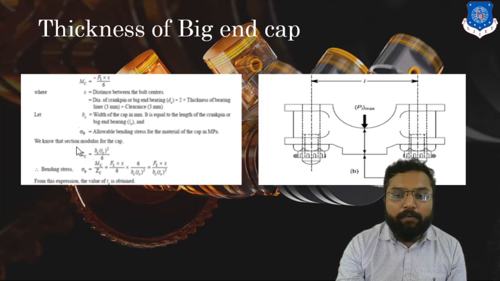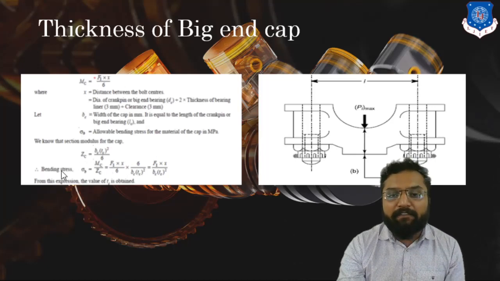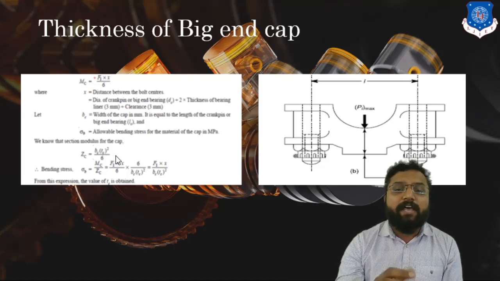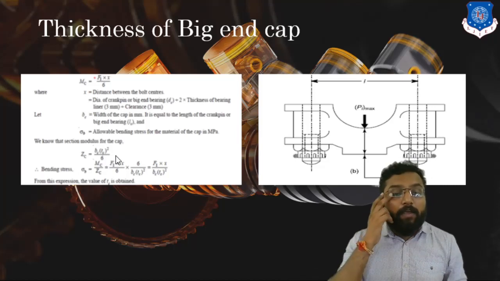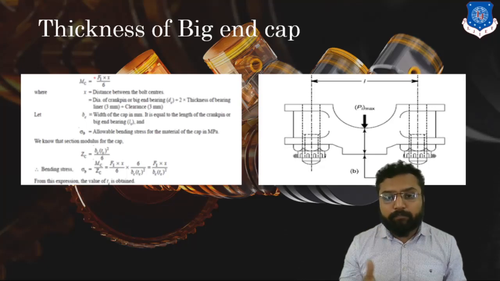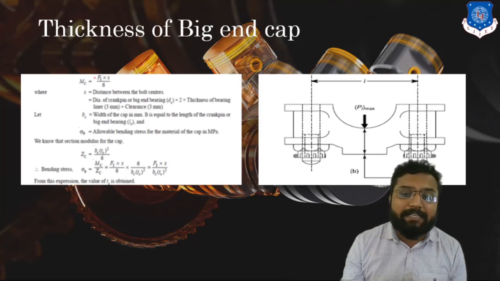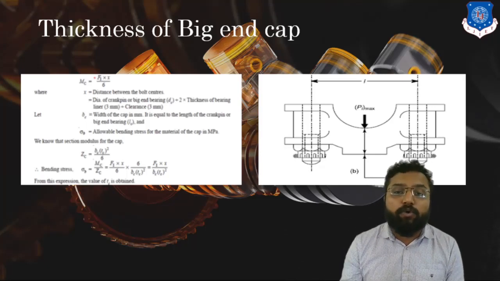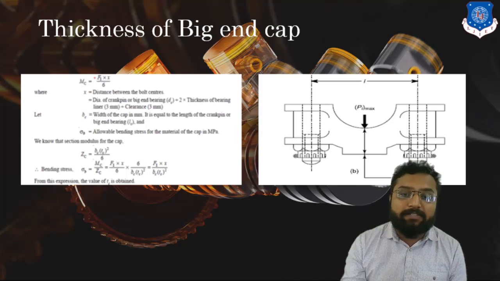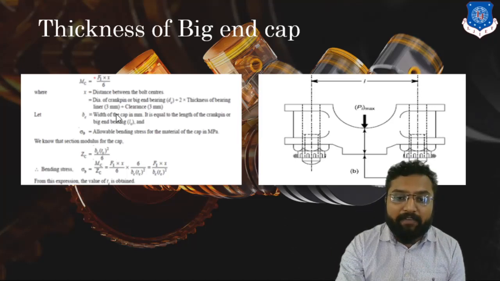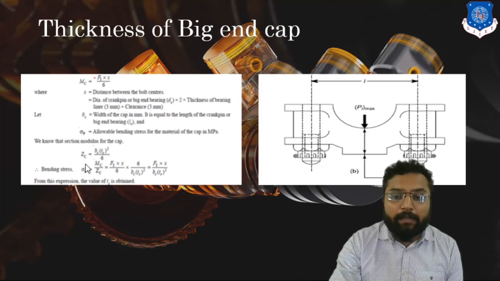So ultimately from this moment we can find out the equation of section modulus. How can you find the section modulus? M by I is equal to sigma upon y, where I by y is equal to your section modulus Z. So Z is equal to moment divided by stress. So ultimately stress will be moment divided by section modulus.